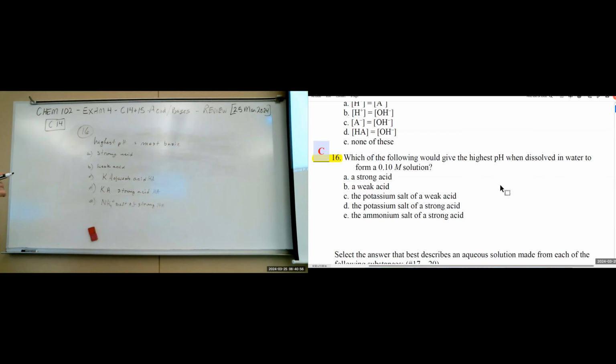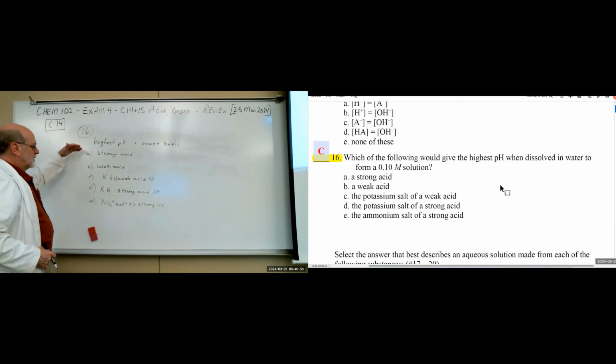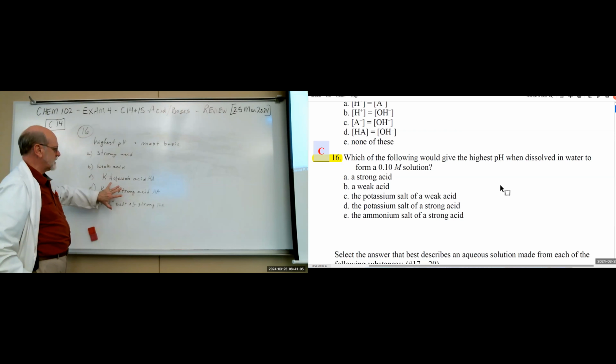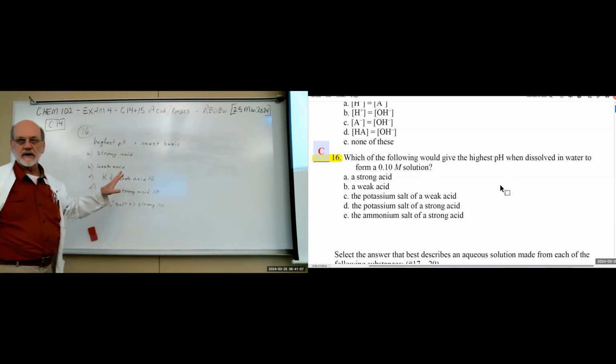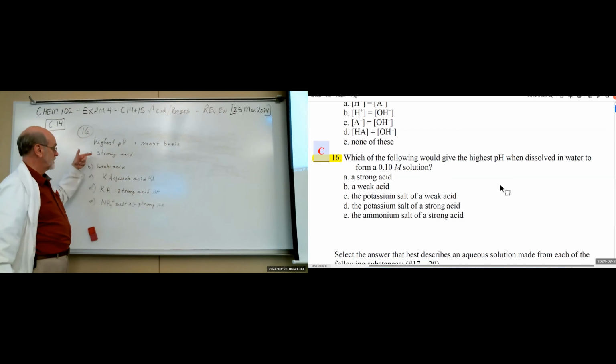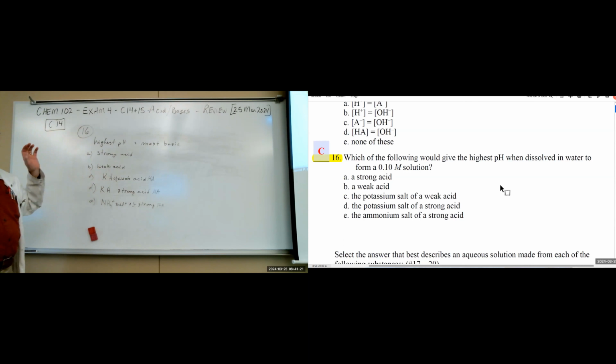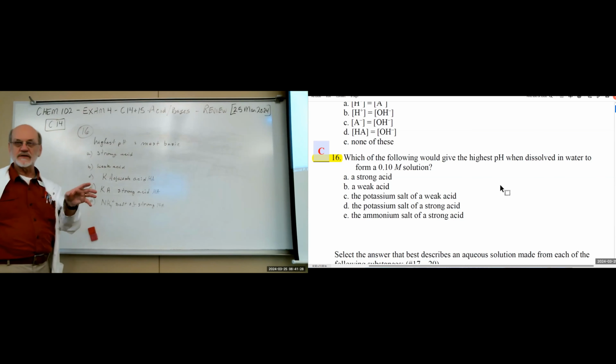Okay. Since we have salts of acids down here, they are definitely going to give us a higher pH than either a strong acid or a weak acid. So we can ignore these two. What we want to focus on is how do these react? In order to give a high pH, you need to put a strong conjugate base in solution.